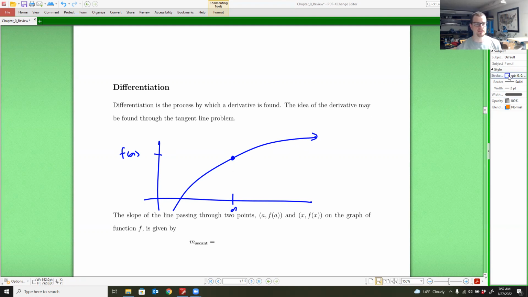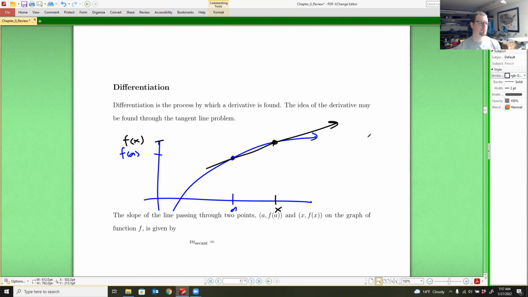A secant line is just a line that passes through 2 points. So if I pick some other point over here, some other x value, the output is about there, and that's f of x. And the secant line is the line that passes through those 2 points.